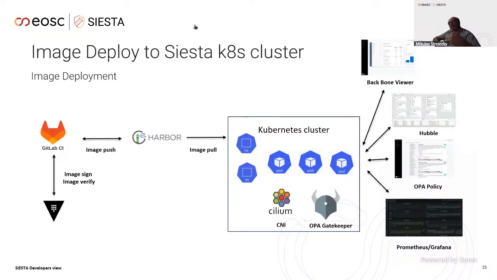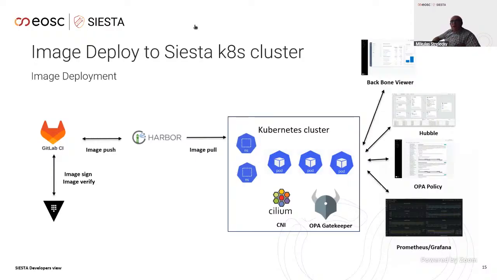This is an additional tool which prevents you from deploying into the namespaces from registries other than Harbor SIESTA, for example. So we are controlling the one source of truth in the runtime environment. We deploy Gatekeeper and set certain constraints. One is right now running on the platform and it is in power.